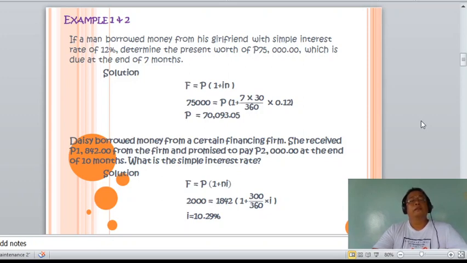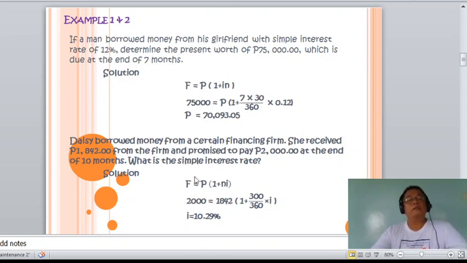It was not mentioned in the problem if it is ordinary or exact. So if the problem runs that way, of course, the assumption is an ordinary simple interest, where the number of days in 1 year is 360 days.